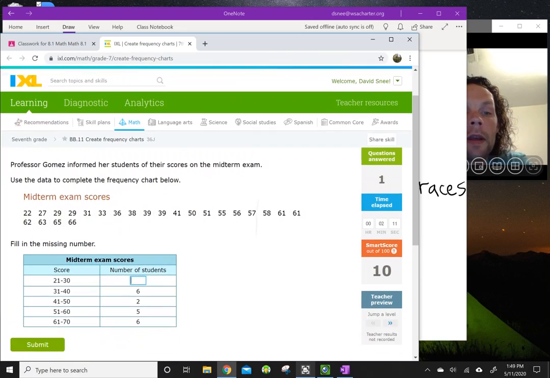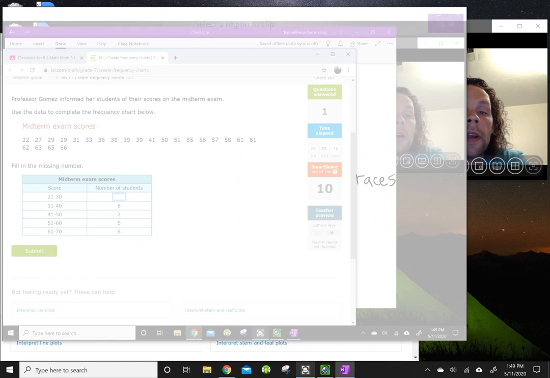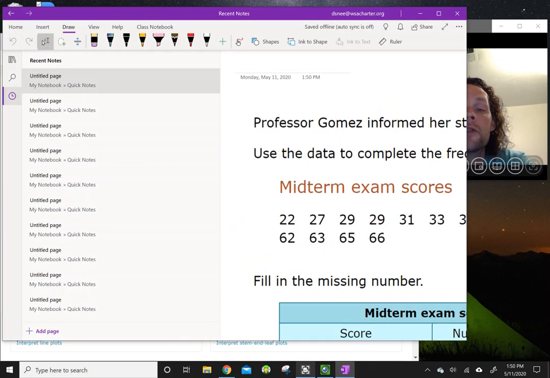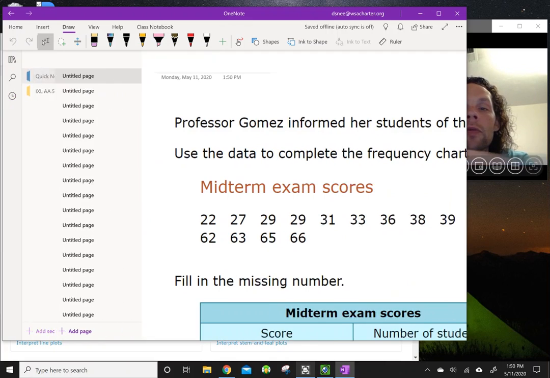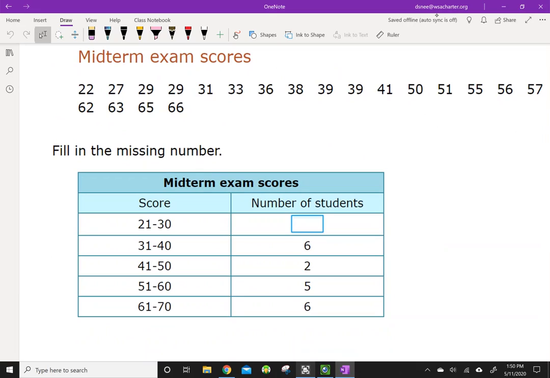And this is another list of scores. Professor Gomez informed her students of their scores on the midterm exam, and it says use the data to complete the frequency chart. So we've got a list of scores on that midterm exam. How many students scored between 21 and 30?